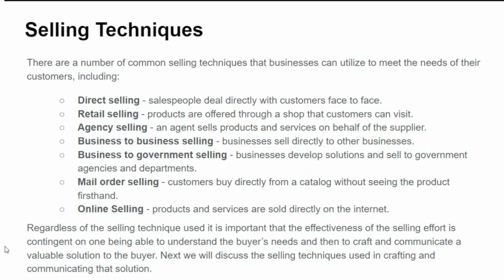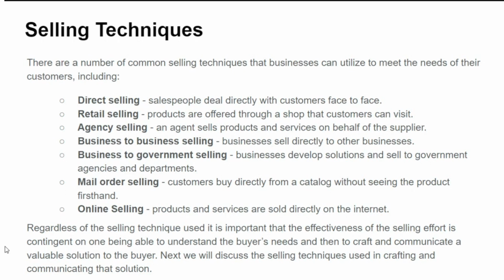Retail selling is come into my place and buy something. That's one, with many coming in. Agency selling is getting someone else to sell it for you. Effectively, you're just farming it out. Business to business selling could again be direct selling: one business selling to another business who's going to use its product.